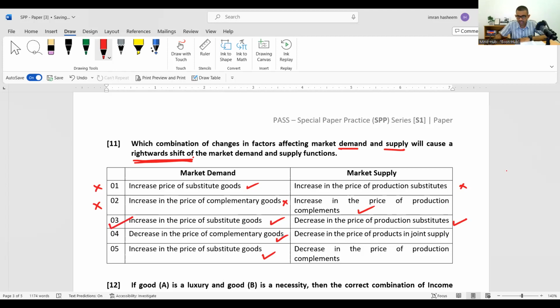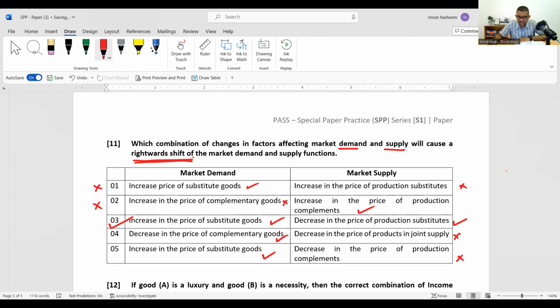Fourth one, decrease in the price of products in joint supply. Joint supply means complementary goods in production, byproducts. So the supply will decrease. So that's out. Last one, decrease in the price of production complement, same thing, right?